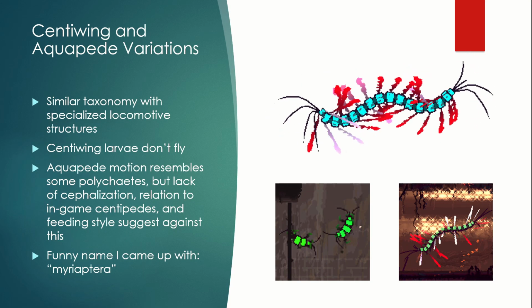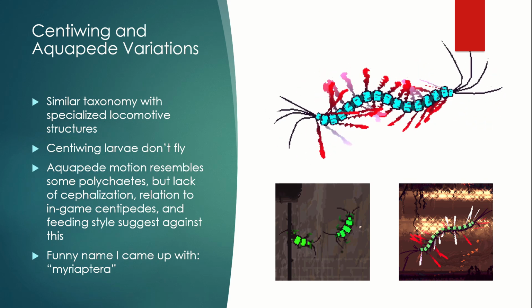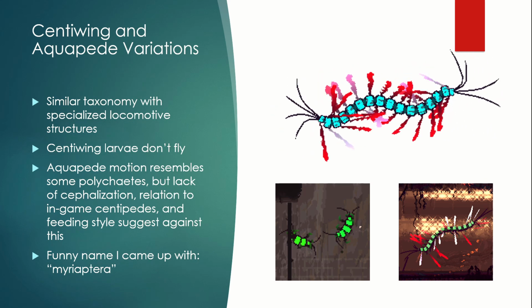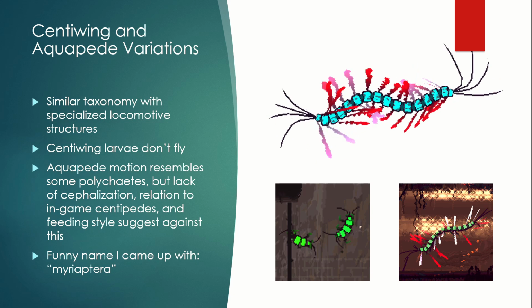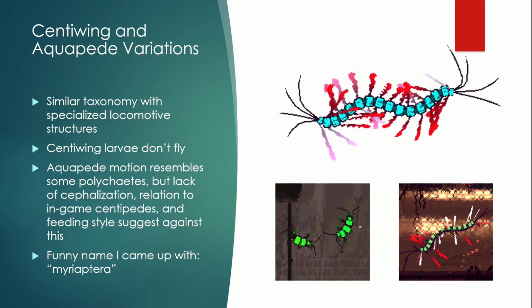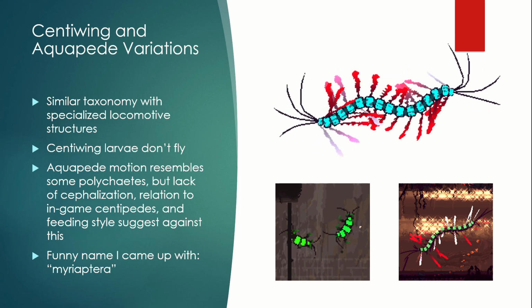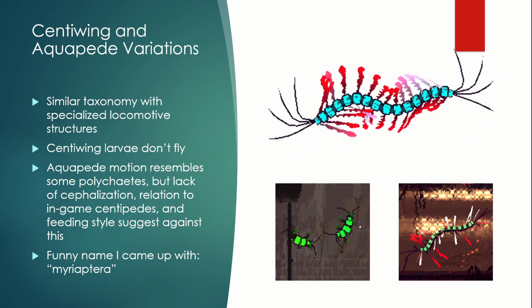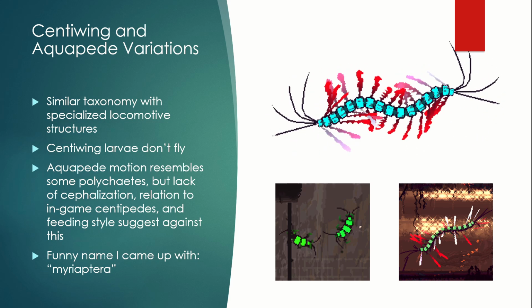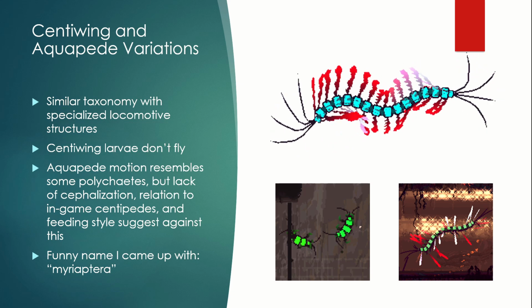Alright, next up are the Cwing and Aquapede variants. These are variants of the centipede. They have similar taxonomy, but with more specialized locomotive structures, wings in the case of Cwings, and swimming appendages in the case of the Aquapede.